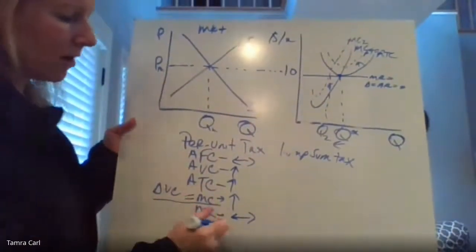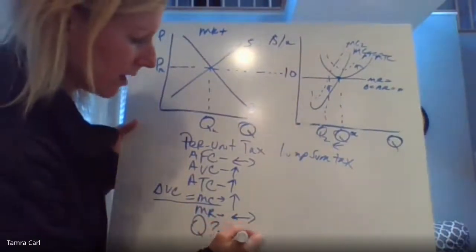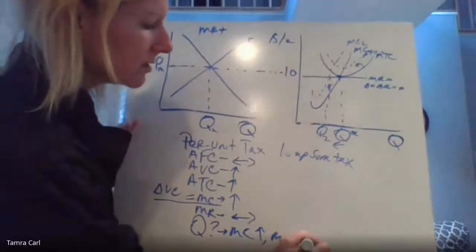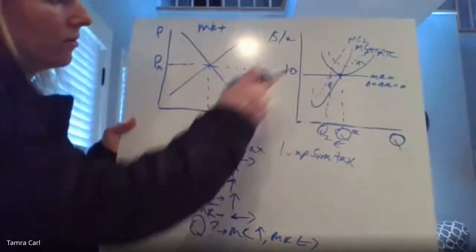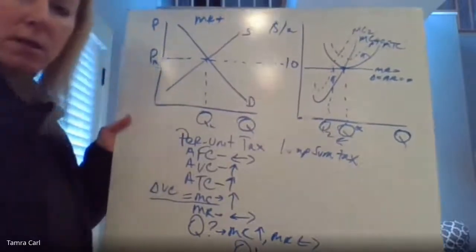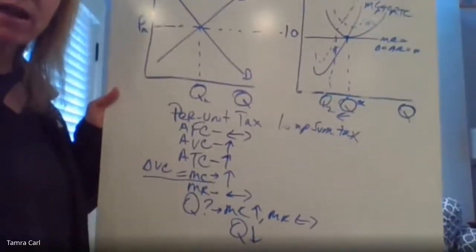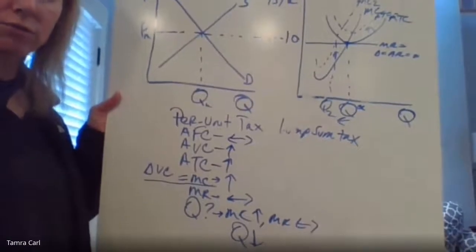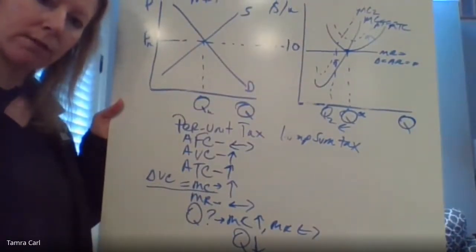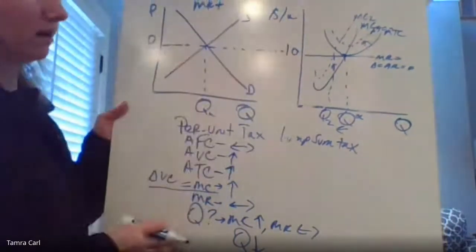Well, my MC went up, and so I would say my MC increases, my MR remains constant, and so therefore my quantity will decrease. So when I have that stuff there, then I'm able to show that and properly explain it. That's why I think it helps to do that.